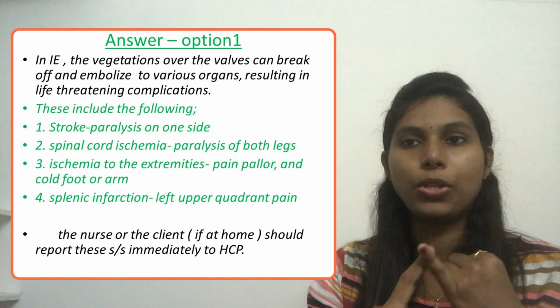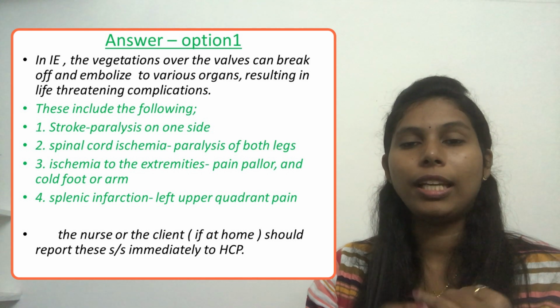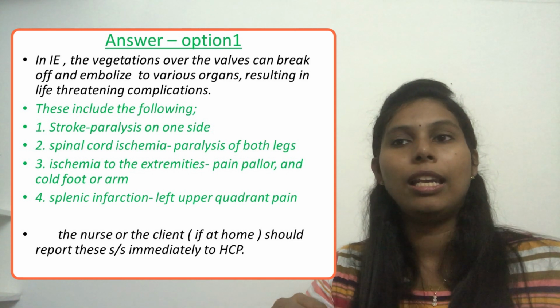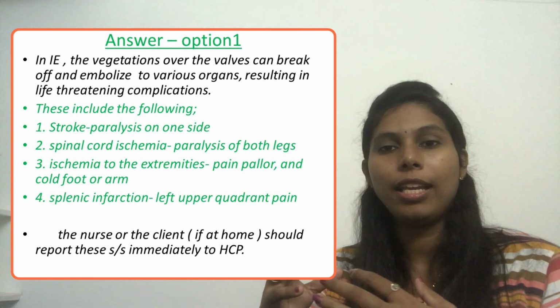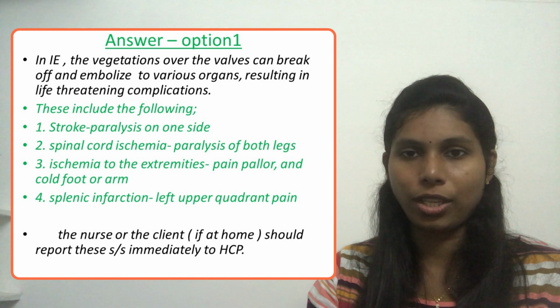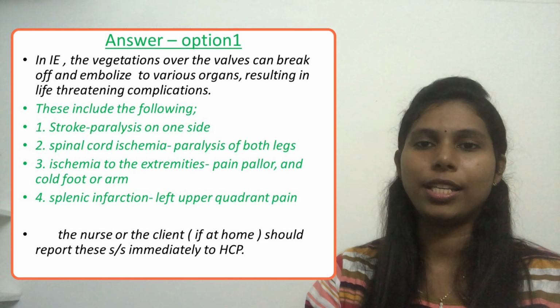Another complication is splenic infarction. When the client says, or when we assess and find, that the client has left upper quadrant pain, that is a symptom indicating the client is going to have a splenic infarction. That is also a life-threatening complication of endocarditis.